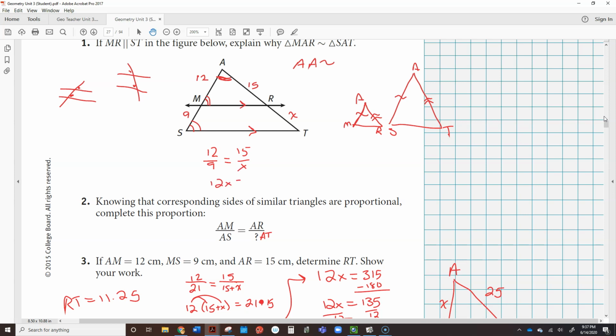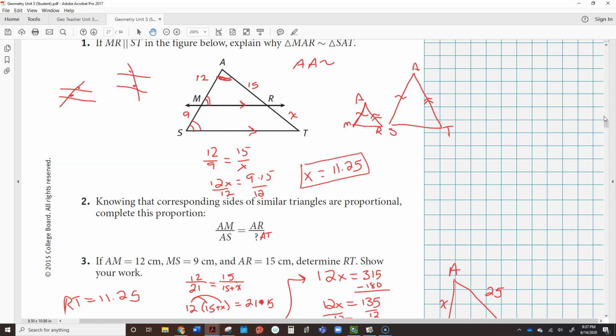Cross multiply, 12x equals 9 times 15. Divide both sides by 12. And x is equal to 9 times 15 divided by 12 is 11.25.